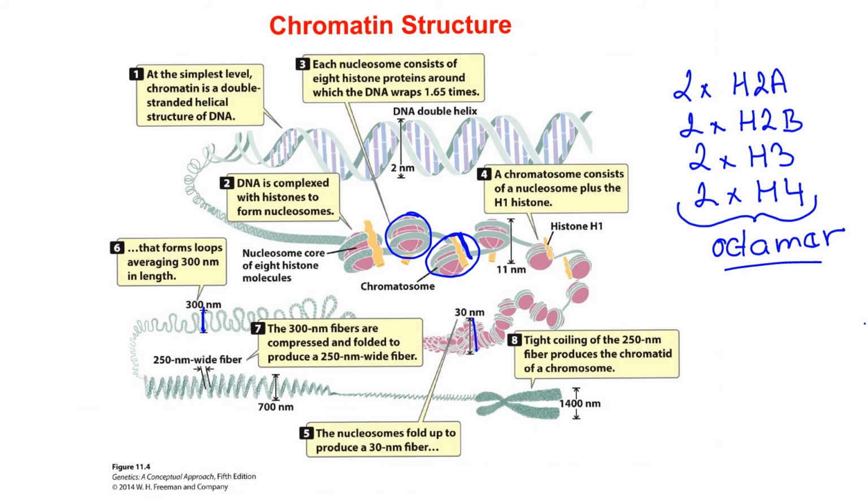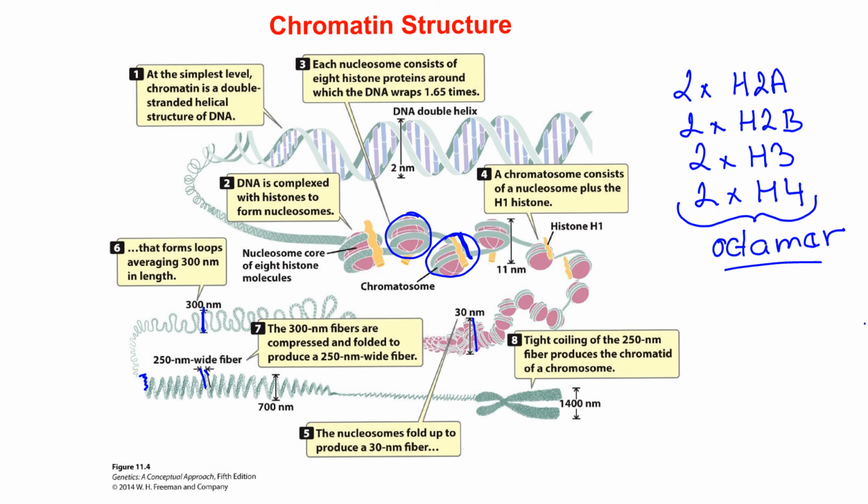Now this 200 nanometer fiber in turn produces a highly supercoiled, helical coiled structure which has a 700 nanometer width, and this is what you see as a chromatid, one chromatid.